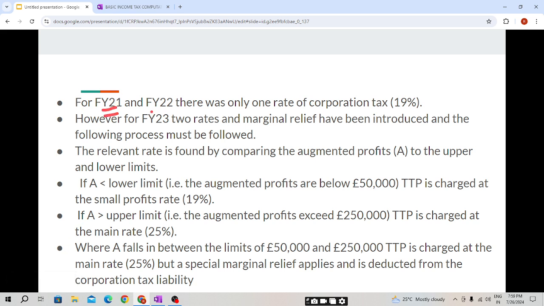For FY21 and FY22, there was only one rate of corporation tax, that is 19%. However, for financial year 23, two rates and marginal relief have been introduced and the following process must be followed. So for financial year 23, there are two rates, the small profits rate and the main rate.